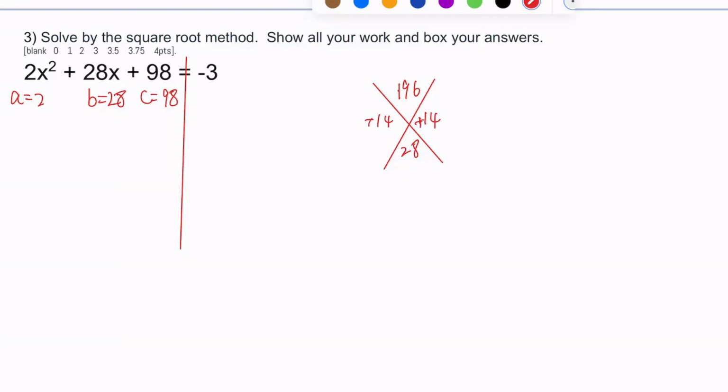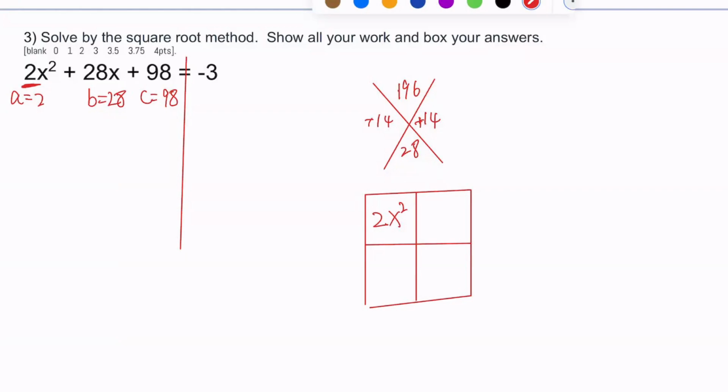And then since the a value here is 2, that's bigger than 1, right? We need to use a box. And here comes the mistake. So when we are doing the box here, you see this is 2x squared, right?